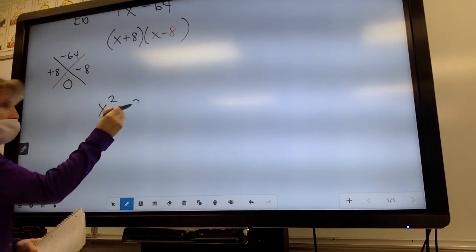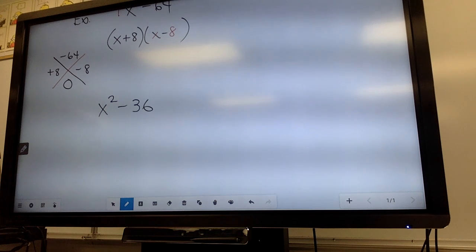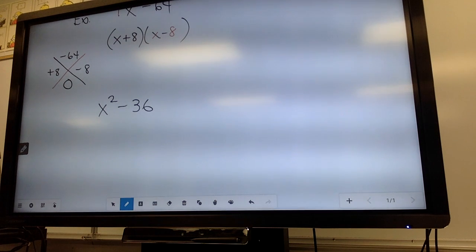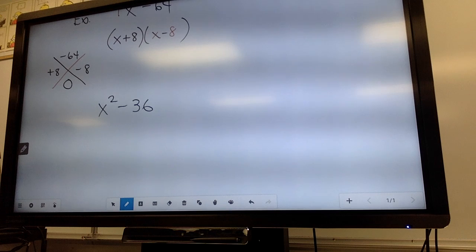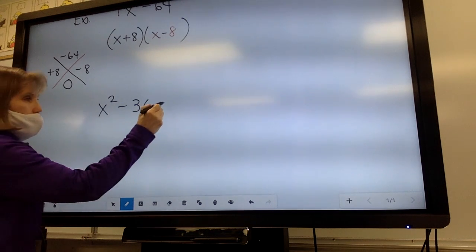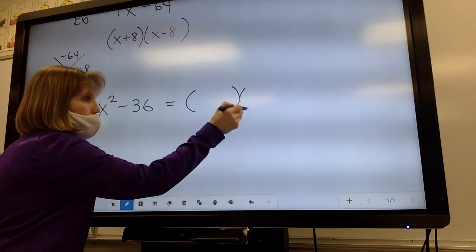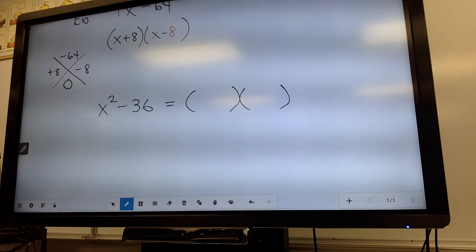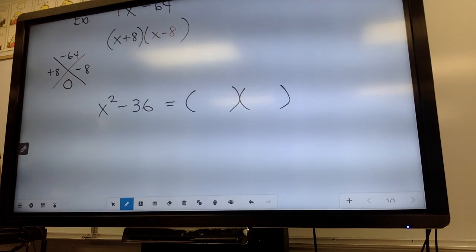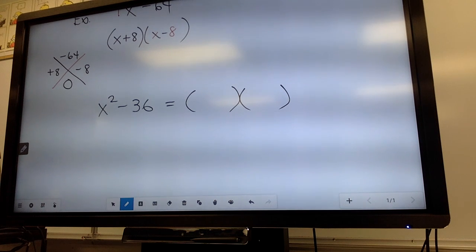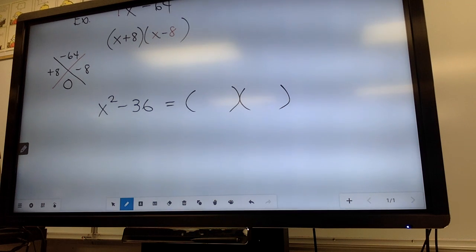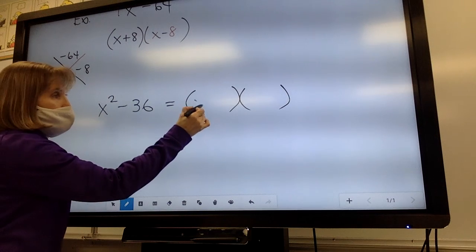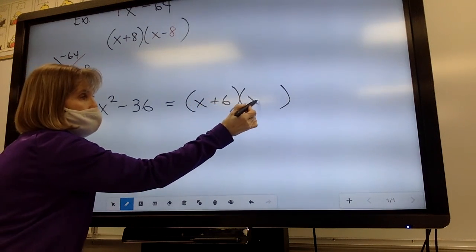X squared minus 36. When we have to factor this, it's a difference of squares. I know it's going to factor into 2 binomials. What do you think it's going to factor into? X plus 6 and x minus 6.